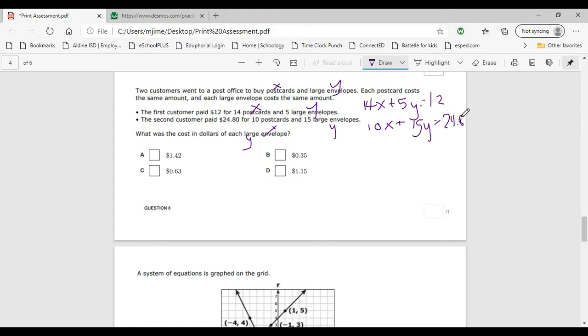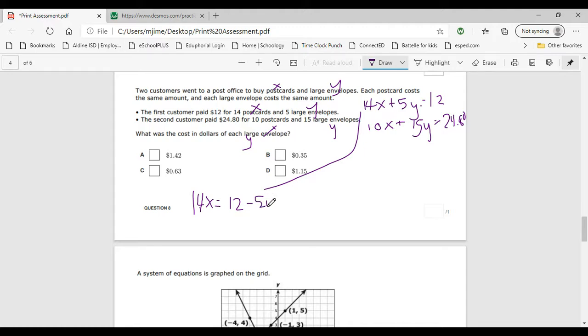All right, I'm going to take that first equation and solve it for X. So I'm going to bring it down here so we can see. That means I'm solving for X, so it'd be 14X equals 12 minus 5Y.